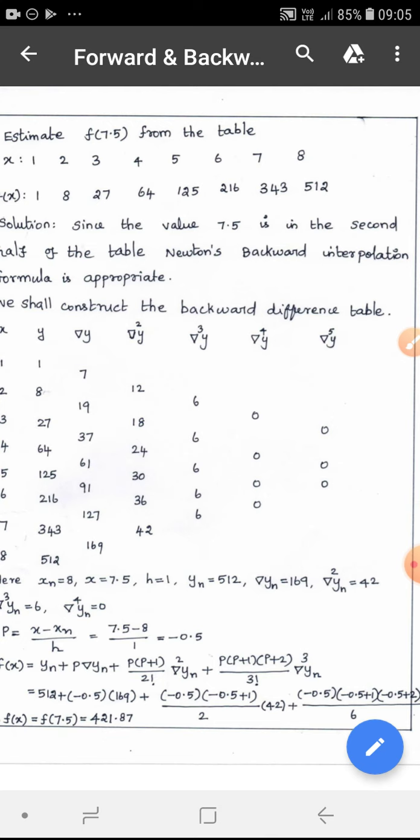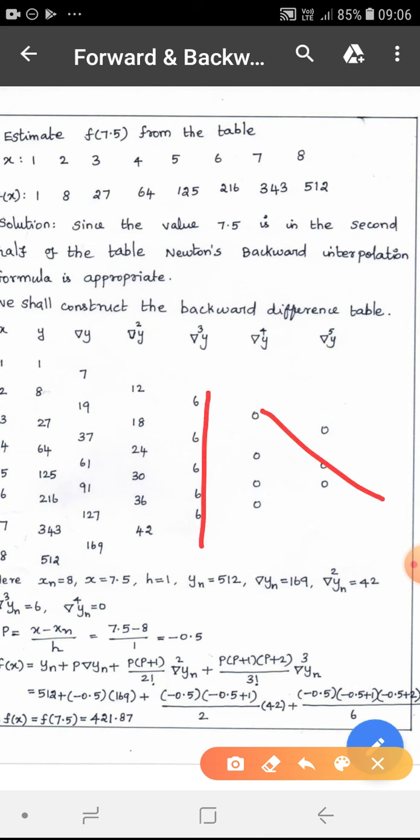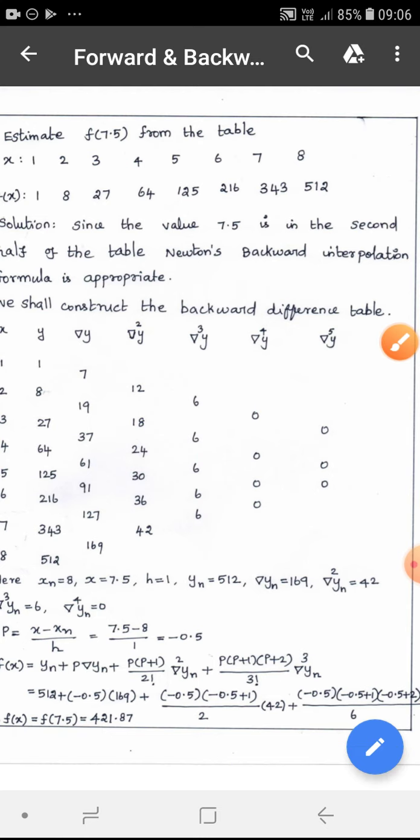Here in the table, third order differences are the same, so actually you can stop with this. You need not write the remaining columns. So in the formula, you can use terms up to the third order backward difference.